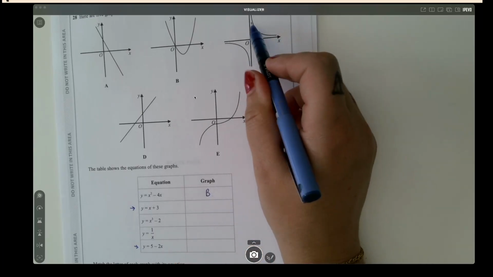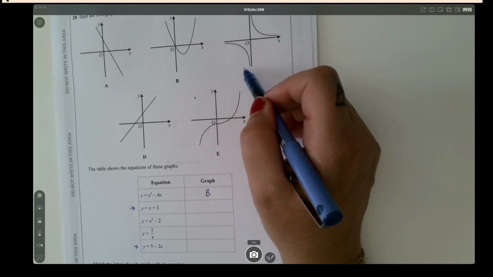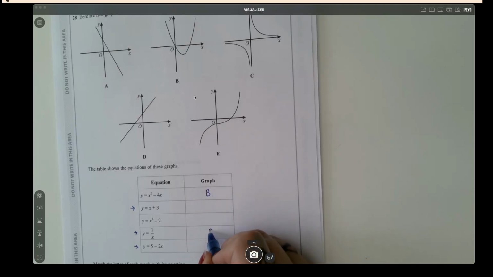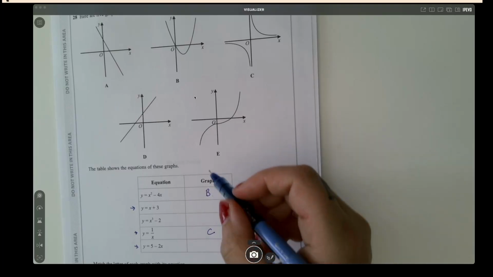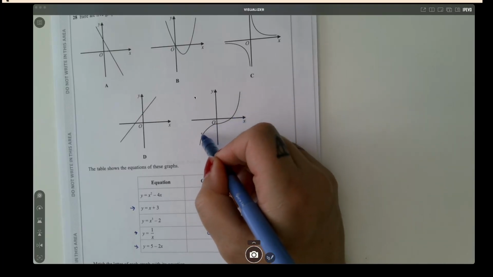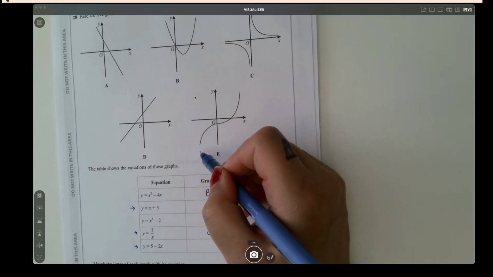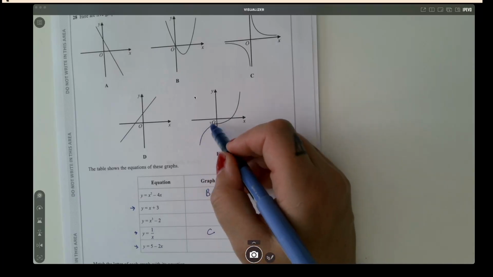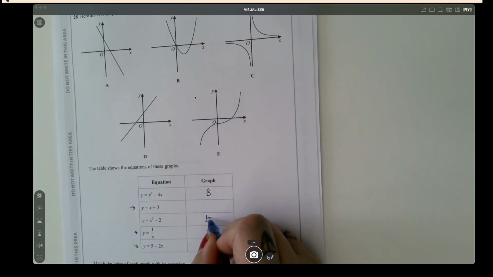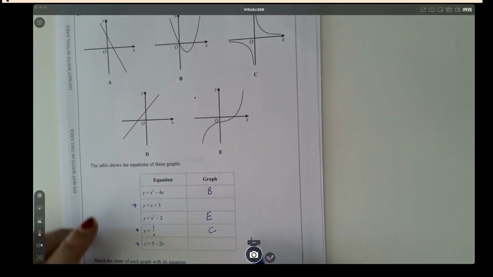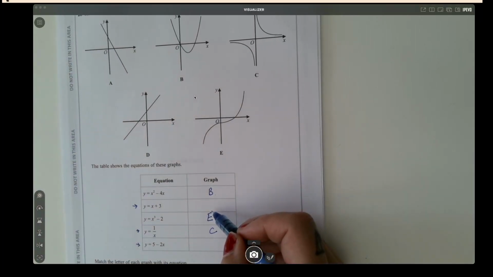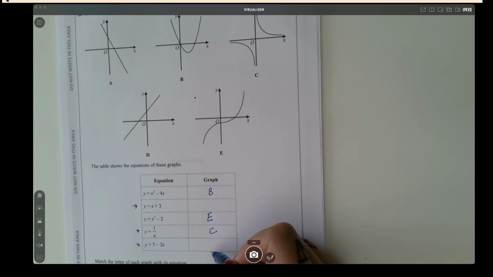This is the reciprocal graph, which is y equals 1 over x. So the only option for that is here. So that must be graph C. This graph is a curve. And the only other equation we've got with anything that would relate to a curve is x cubed. This is an x cubed curve, so I'm going to put E in there. So now we just need to decide whether A or D goes with y equals x add 3 or y equals 5 subtract 2x.